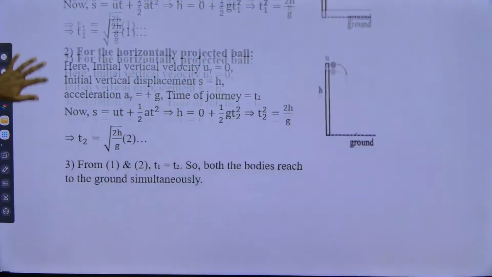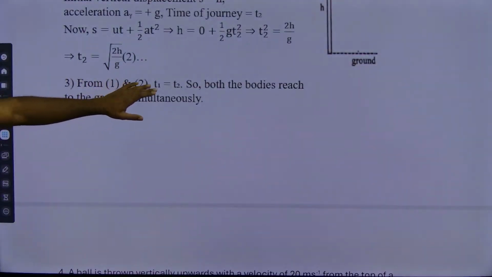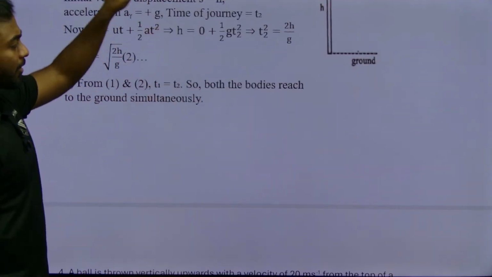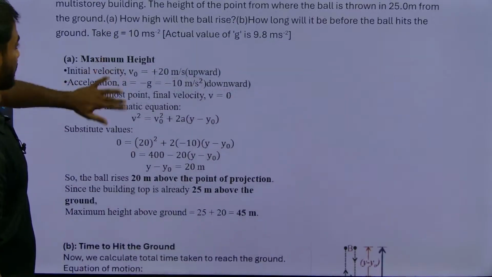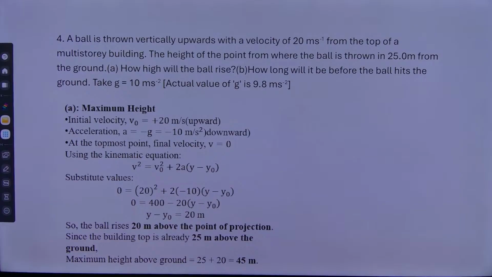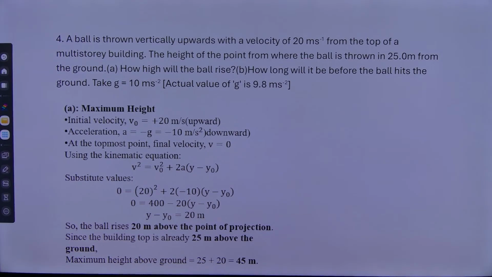So if you see here, from 1 and 2, T1 and T2 are equal, so both bodies reach the ground simultaneously. Simultaneously means at the same time. Okay, fourth question: a ball is thrown vertically upward with velocity 20 meter per second from the top of a multi-story building. The height of the point from where the ball is thrown is 25 meter from the ground.